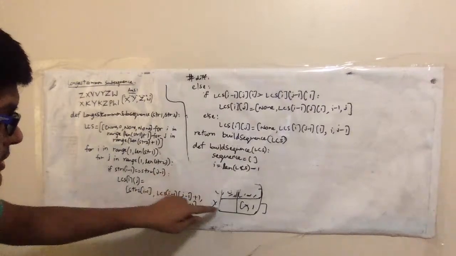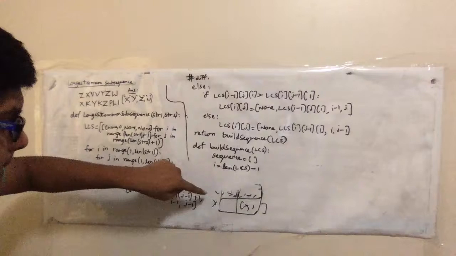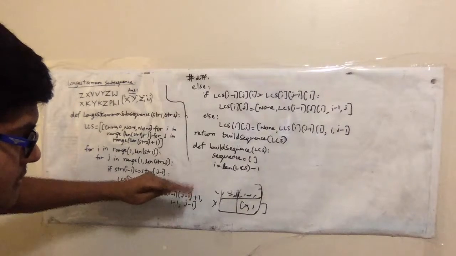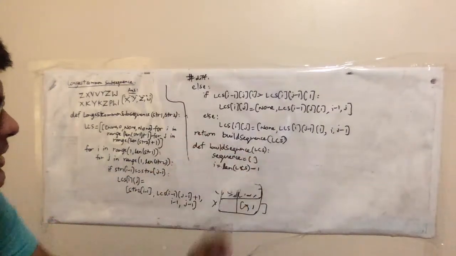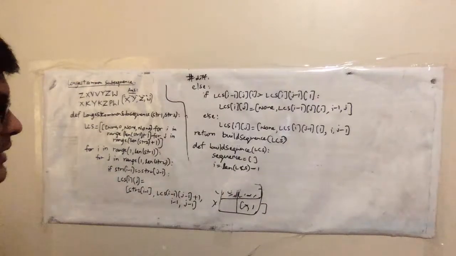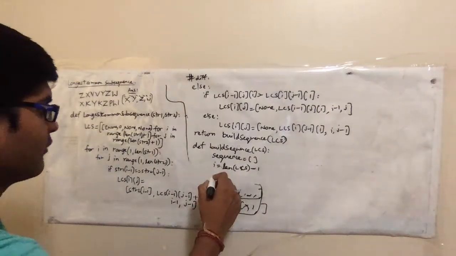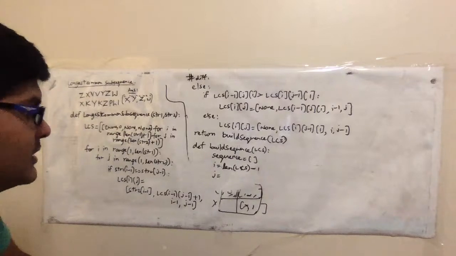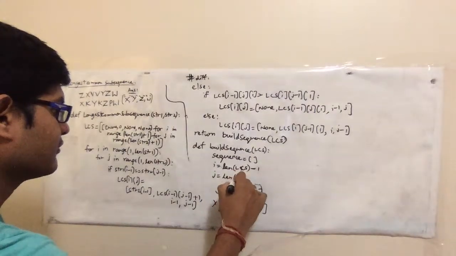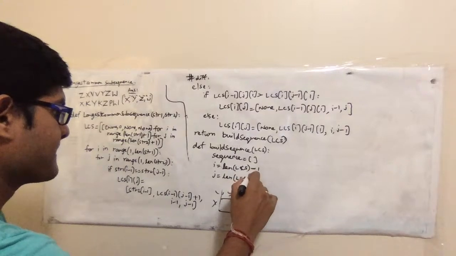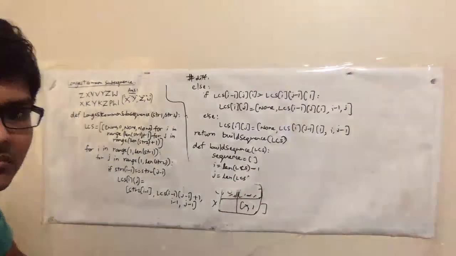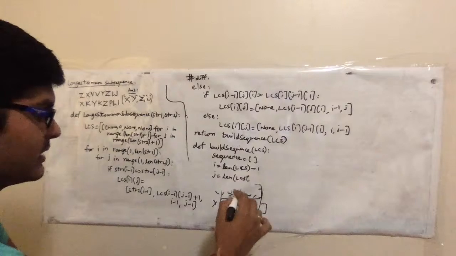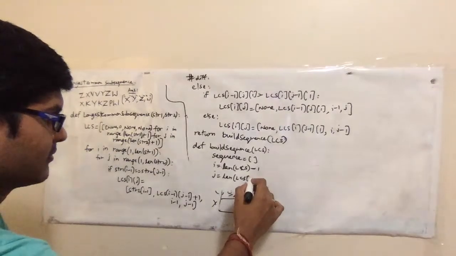It will give the last index, the last row. i is equal to length of LCS minus 1. And how will you say about the j index, where to start? So it would be the length of the first row, whatever is present.